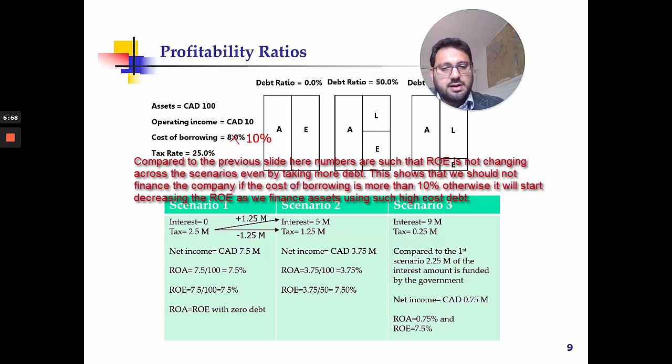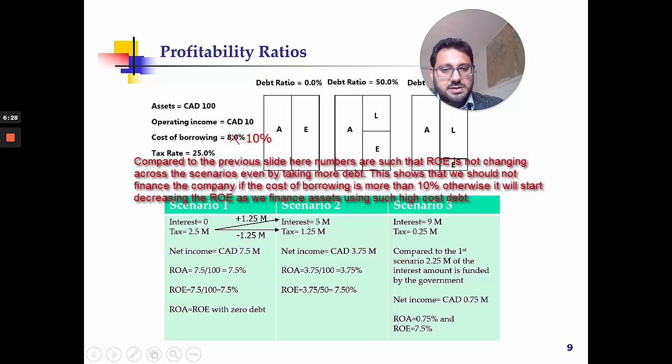In the second scenario, when the ROA is 3.75%, the ROE is 7.5% again. And in the third scenario, when 90% of the asset is financed by debt and the cost of borrowing is 10%, then ROA is 0.75% and ROE is 7.5%, right?